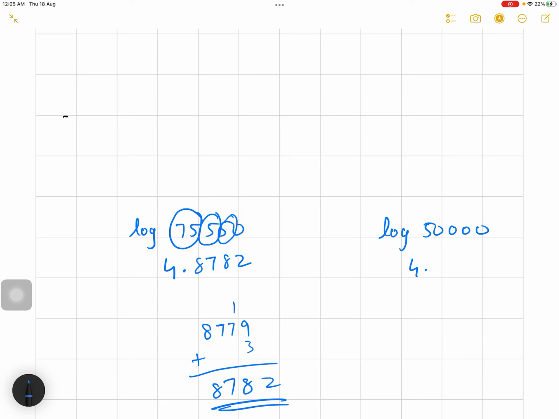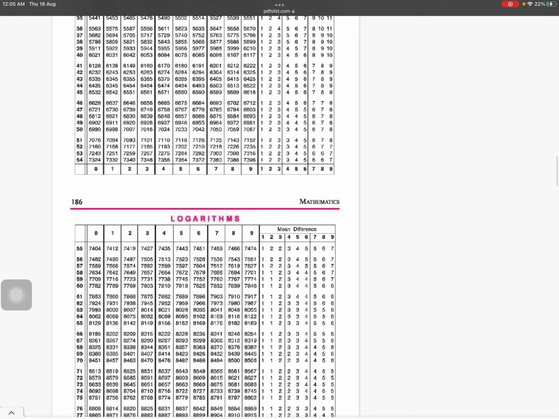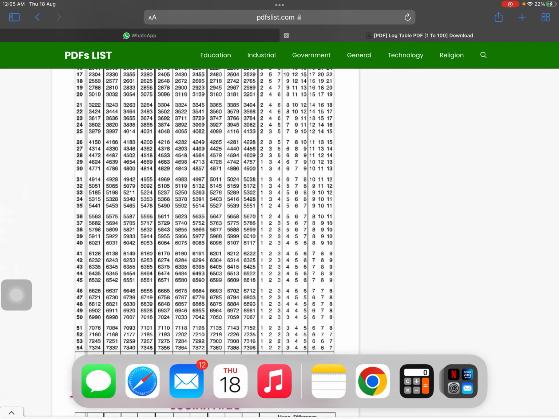And log 50,000: row 50, column 0 is 6990.